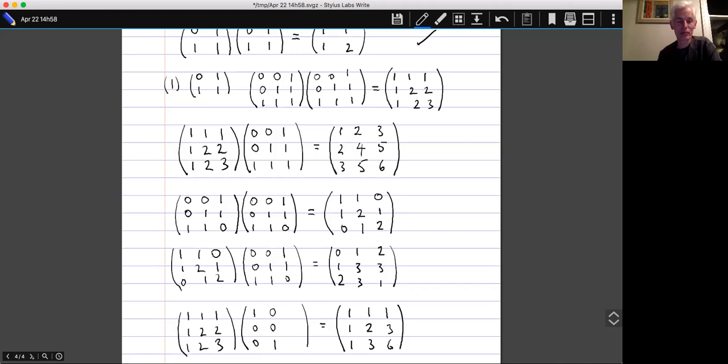1 plus 2 plus 3 makes 6, but that's not super helpful. Do I really have to work out the inverse of something? Or should I just... Oh, it's going to be symmetric actually, isn't it? So won't it be 0, 1?